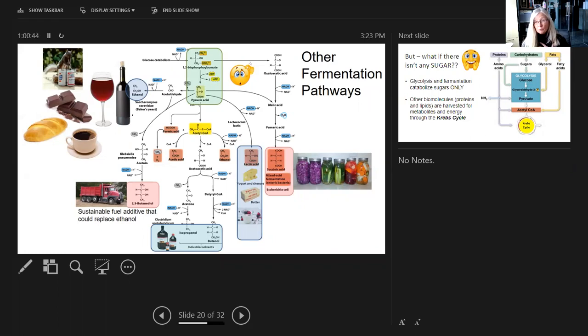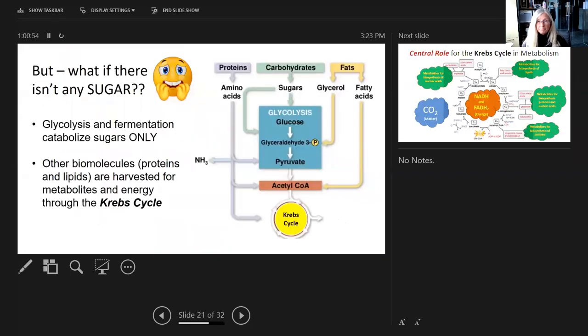So us complex organisms, we can actually take other stuff and make sugars out of them. And microorganisms can just take whatever organic stuff is available and do what they have to do with it. So that's where this idea comes from that we can also metabolize proteins and fats, catabolize them, make ATP, get our metabolites, and feed them back into these other pathways.